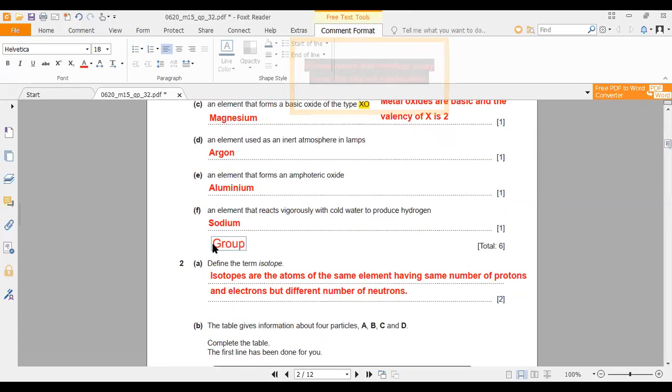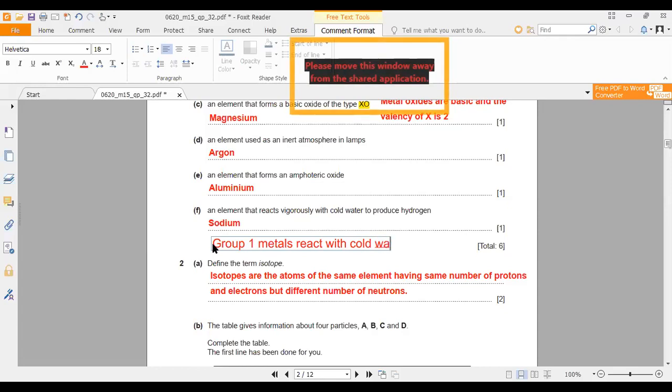We can write that group 1 metals react with cold water vigorously. Okay, so this could be another one. Now the definition is given here. Isotopes are the atoms of the same element having the same number of protons and electrons but different number of neutrons.